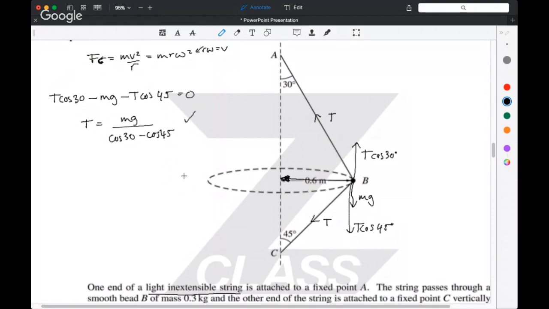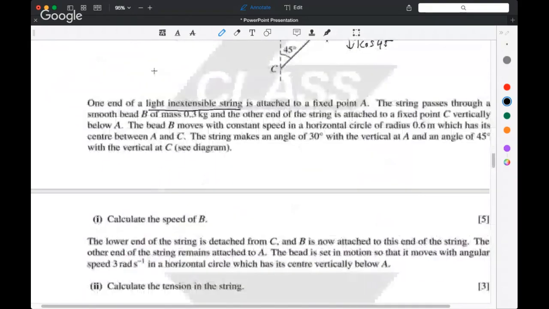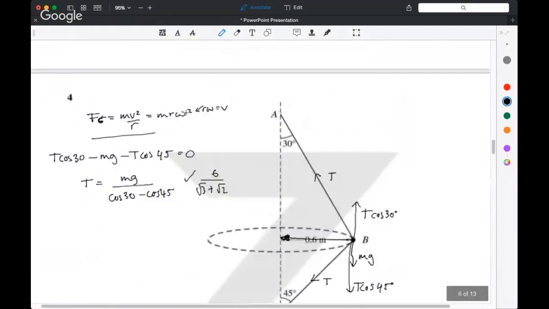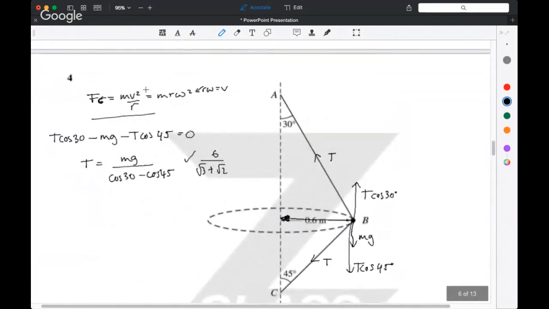So we have T now. It's in fact 6 over square root 3 plus square root 2. Now we are looking at this equation, and remember, we're looking for the speed of B, so that's the v in the equation. The force pulling in is the tension in this string and this string, the horizontal components.